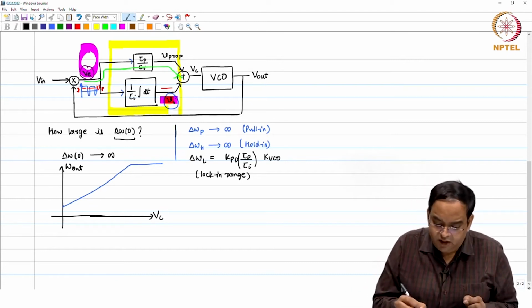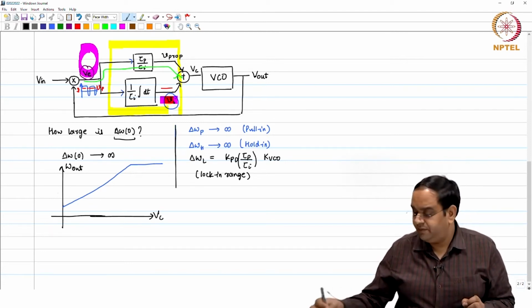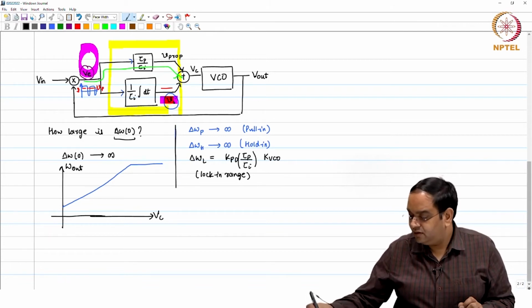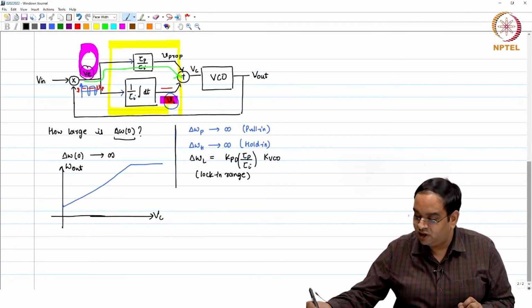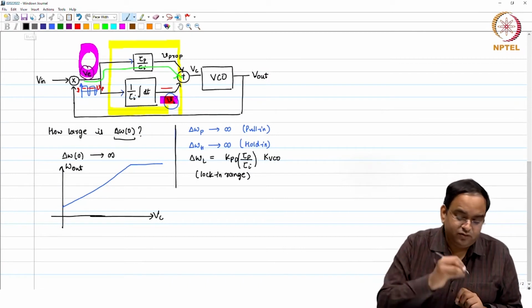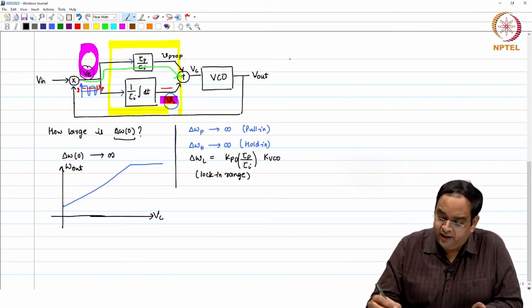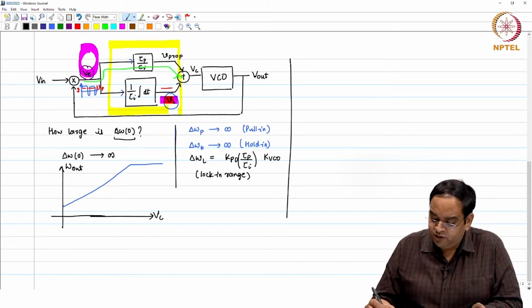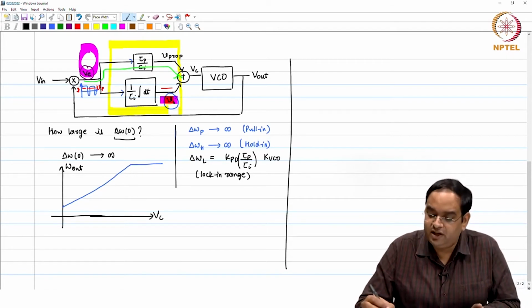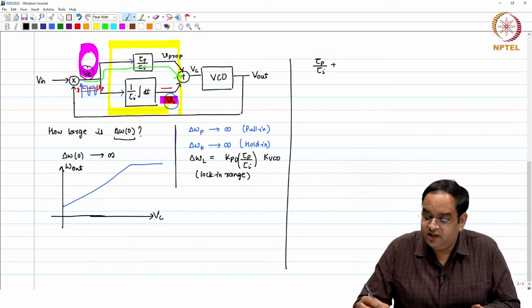Okay. So, now if it is so simple, then well, the PLL is done, but that is not the case. What happens is when you try to implement this loop filter, tau p by tau I plus 1 over tau I integral dt.